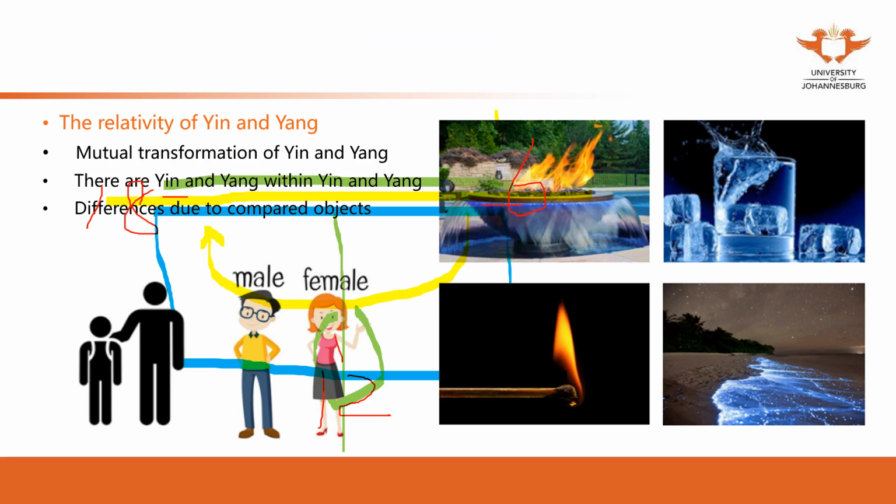So when we see half of the circle, the daytime, from 6 o'clock to 6 o'clock, when we compare, this is yang, we have defined already because that's the daytime compared with the night. From 6 o'clock in the morning to 6 o'clock in the afternoon, that's yang.